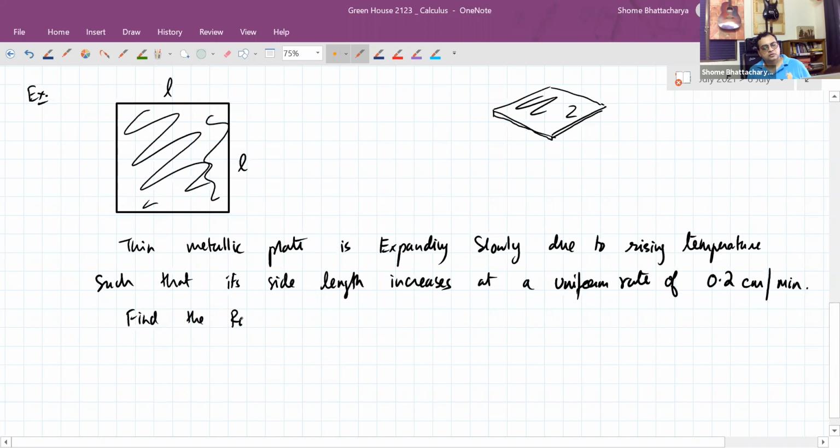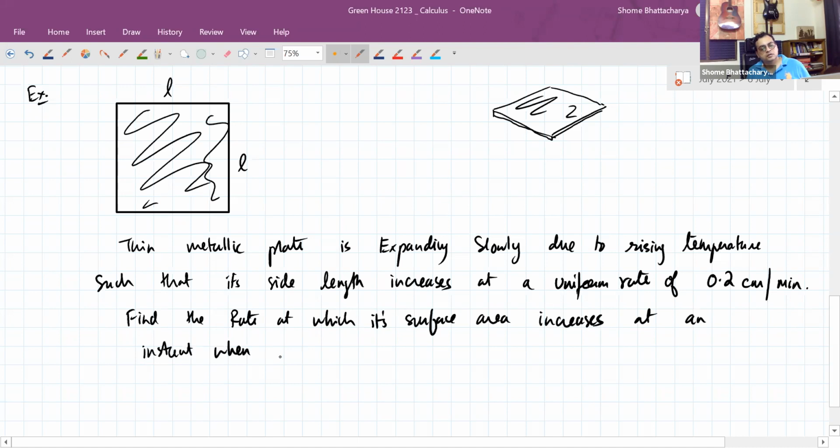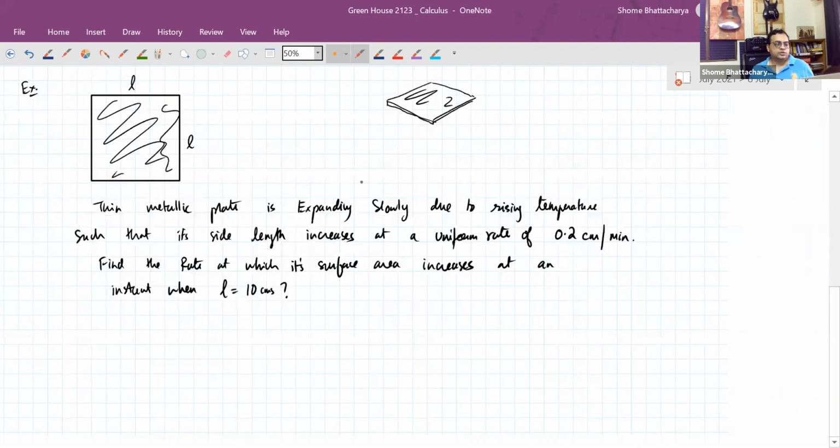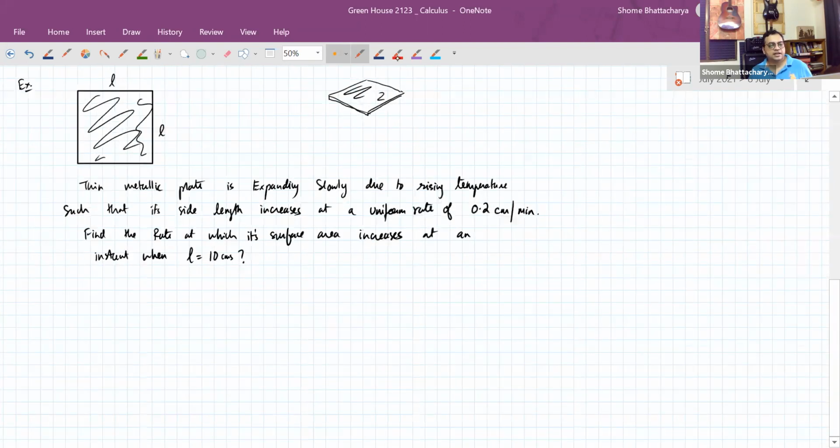Find the rate at which its surface area increases at an instant when its side length L is equal to 10 centimeters. So this is an example of an application question of the above concept. What is happening is gradually, because of heating and thermal expansion, this is increasing in size, so the surface area is also increasing.